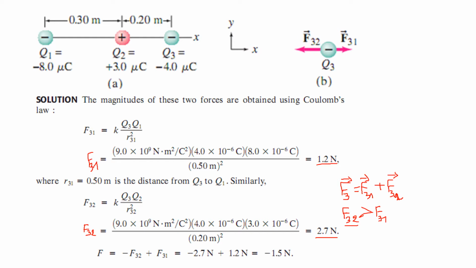Where we have this force equals minus F32 plus F31 equals minus 2.7 newtons plus 1.2 newtons equals minus 1.5 newtons, oriented in the negative x direction.